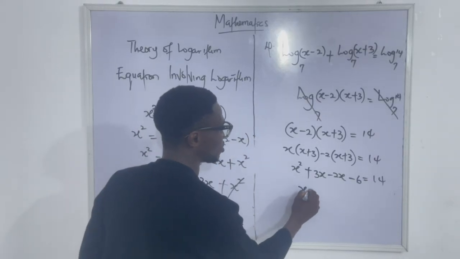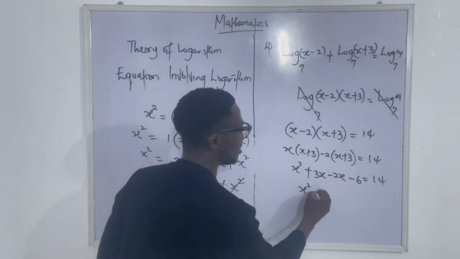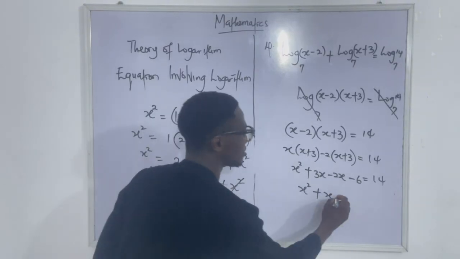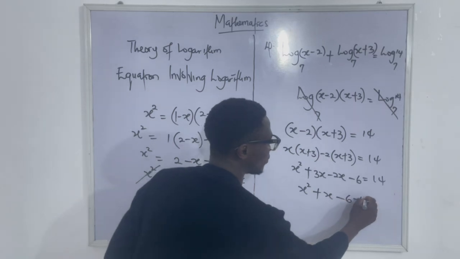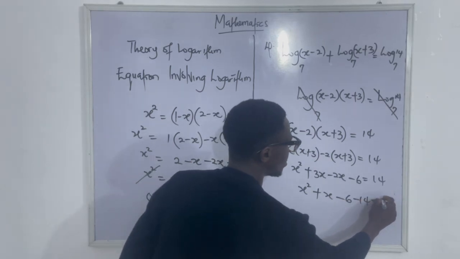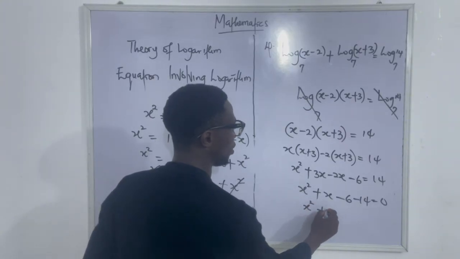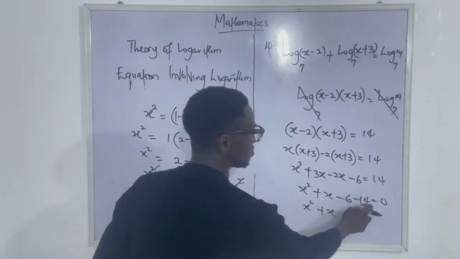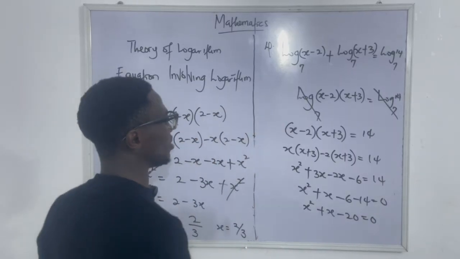Now, x squared plus 3x minus 2x is just x. So bring 14 inside: minus 6 minus 14 equals 0. Then we say x squared plus x minus 20 equals 0.